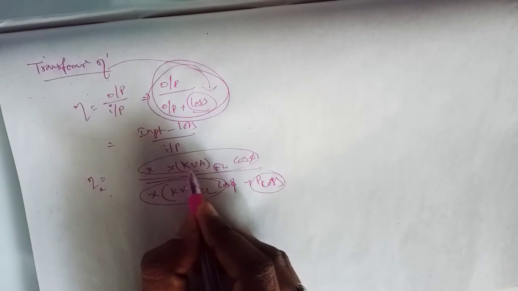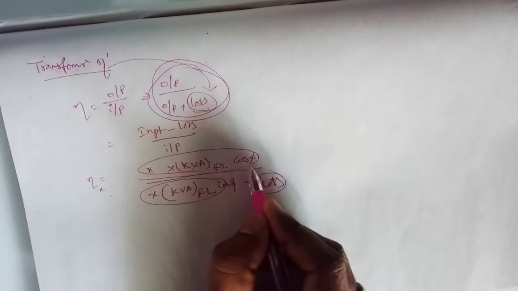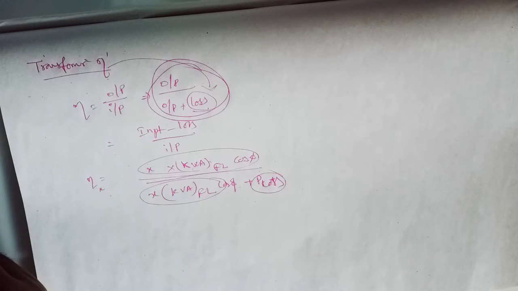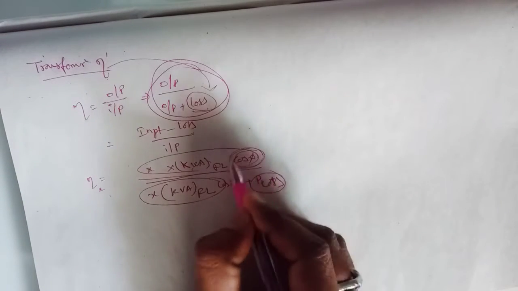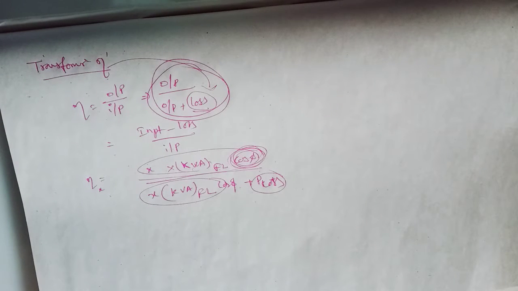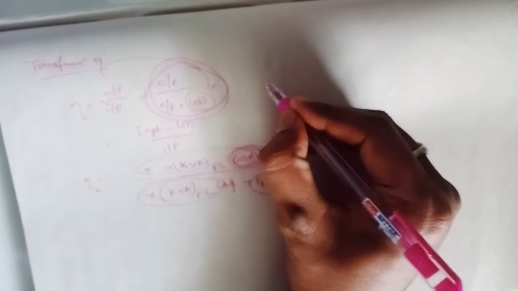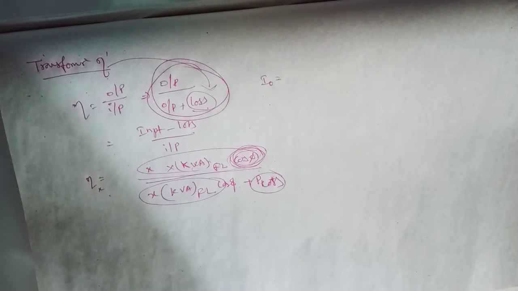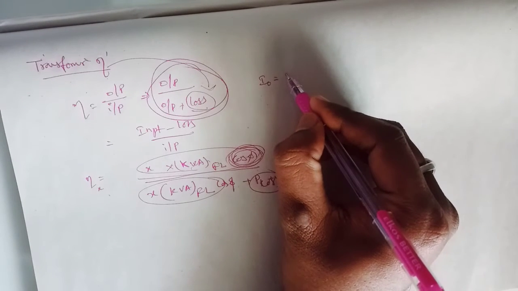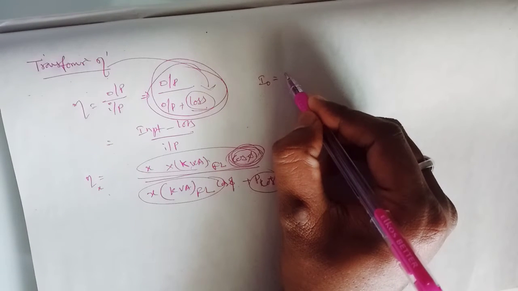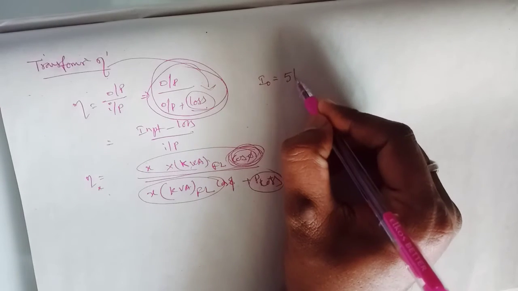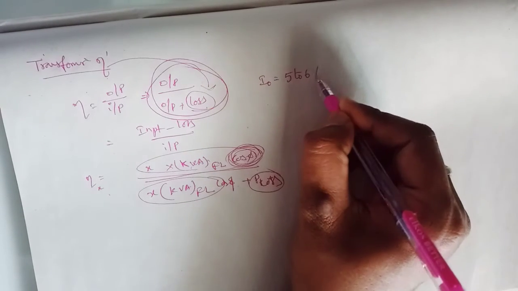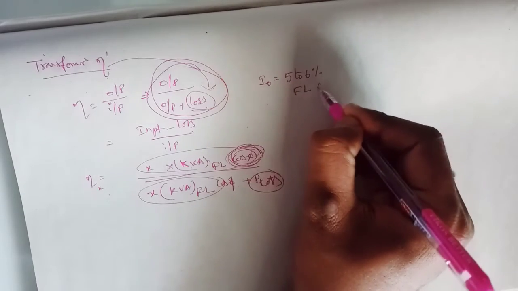We use this formula to find it. You all know the kVA rating and the power factor. One more thing I wanted to ask you: is the power factor going to be increased or decreased? This power factor mainly depends upon the no load current.